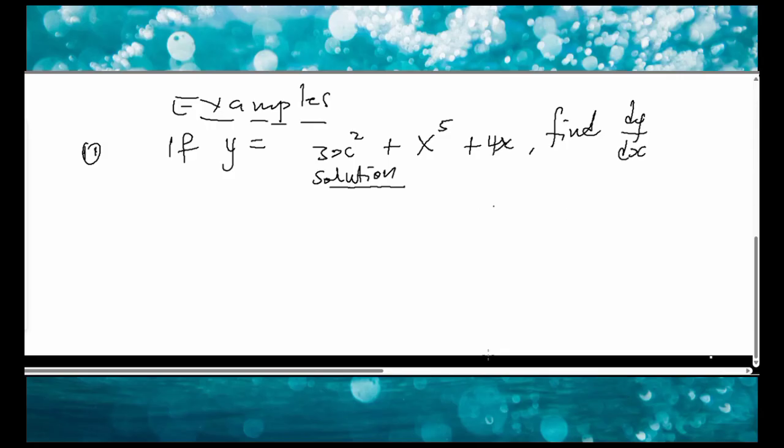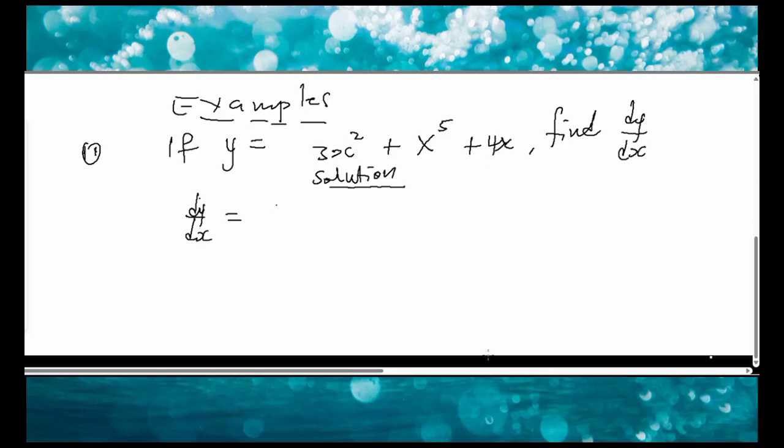So as we said earlier on, the dy dx is going to be the derivative of each of these things.